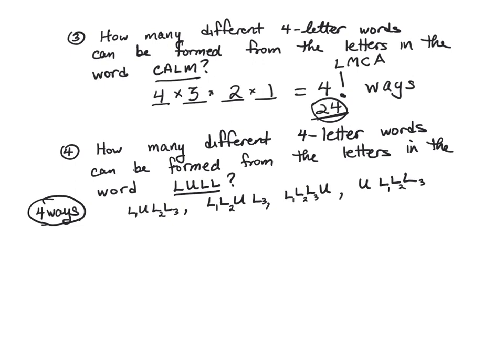So now I should have 24 ways because I've just found a word with 4 different letters. For each of the 4 particular cases that I've listed, we can write down the permutations because now the L's are different. So I could write L1, U, L3, L2. I could switch these 2. I could write L2, U, L1, L3, and then L2, U, L3, L1, and then L3, U, L1, L2, or L3, U, L2, L1.